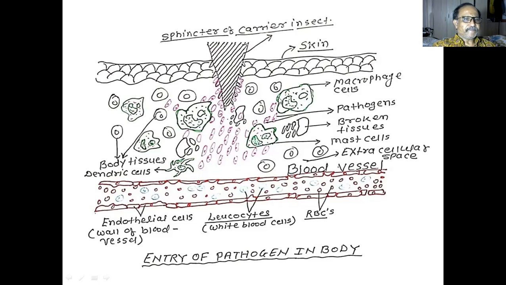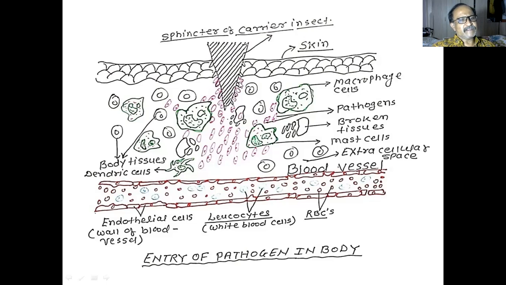Now see, when any insect bites the skin of an animal, what happens? This insect pours its sphincter in the skin by damaging certain body cells. ये बॉडी के सेल डैमेज करके ये जो स्फिंक्टर है ये स्किन के अंदर एंटर करता है, and this sphincter possesses the pathogen.